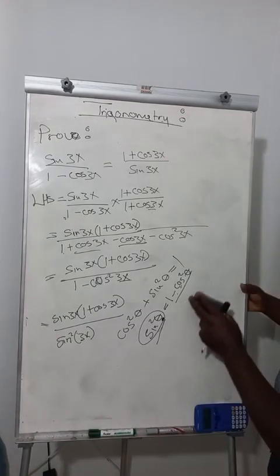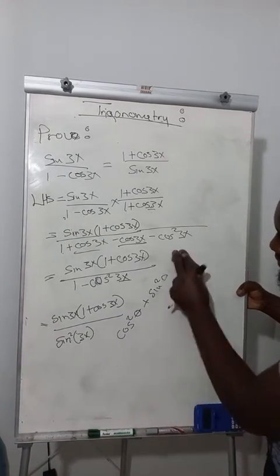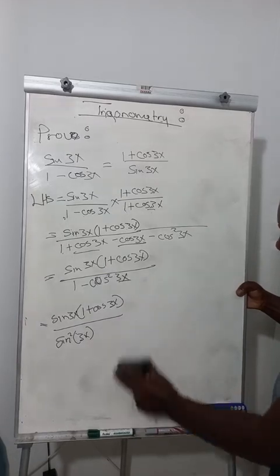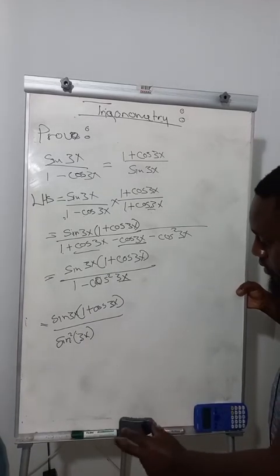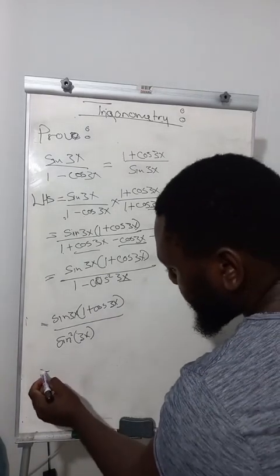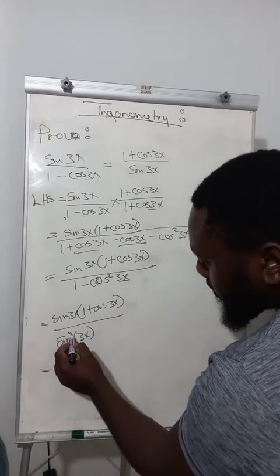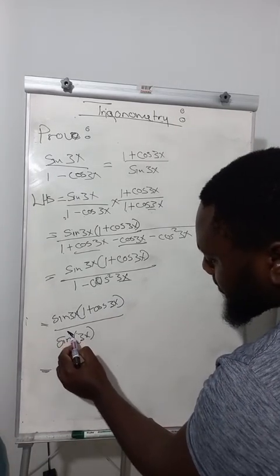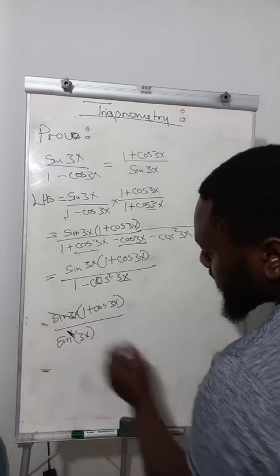So I think I can wrap this up. And then here now, you can cancel this 2 here. Then you'll be left with a 1. It will cancel with this.